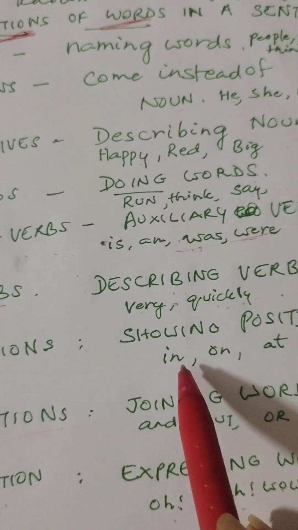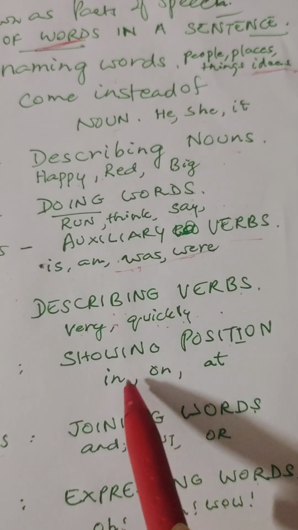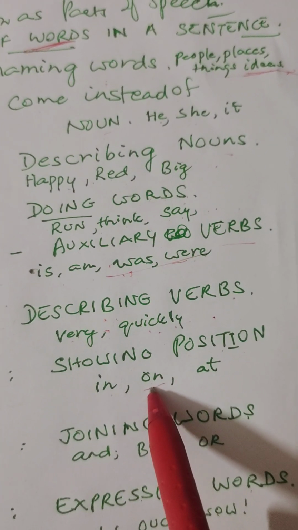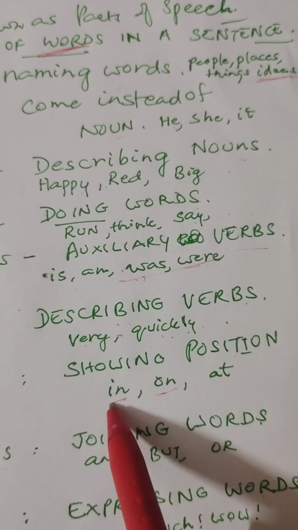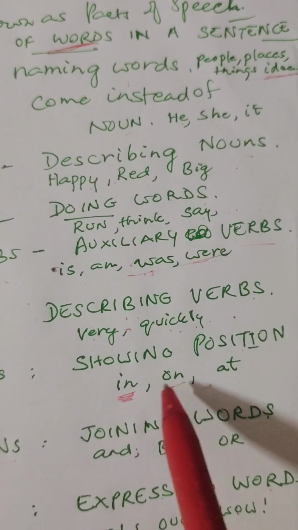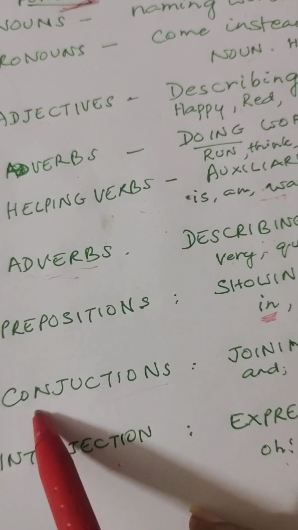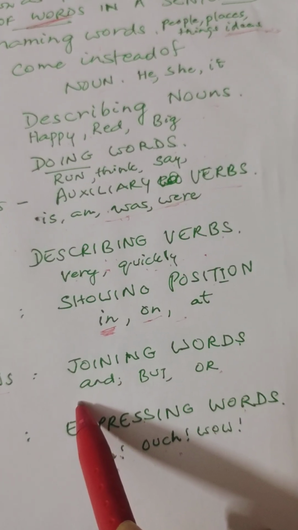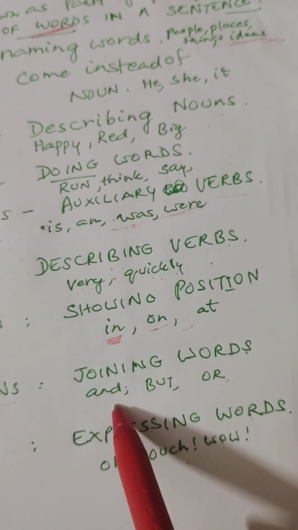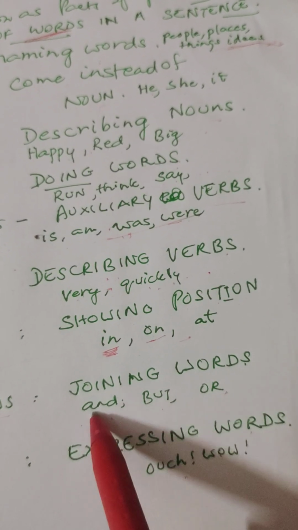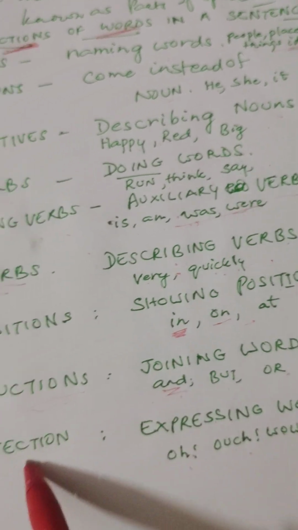Prepositions show position. The pen is on the table. The books are in the cupboard. Then when you're talking about conjunctions, they are joining words. So if I say the boy and girl had gone out for a walk, and, okay.